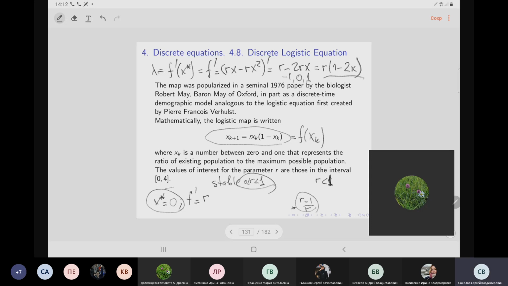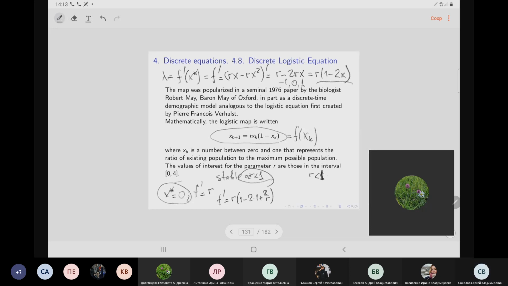Next one, if x is 1 - 1/r, f prime is r(1 - 2(1 - 1/r)), which is r multiplied by (2/r - 1).